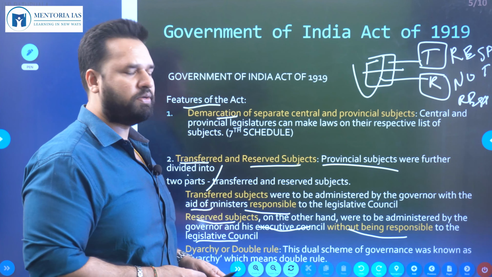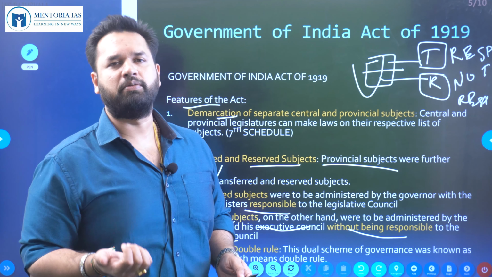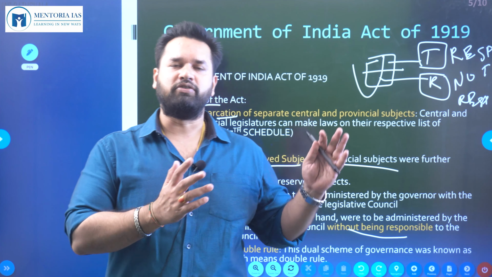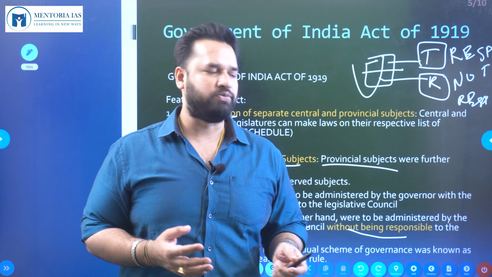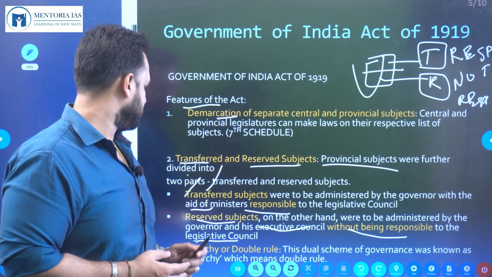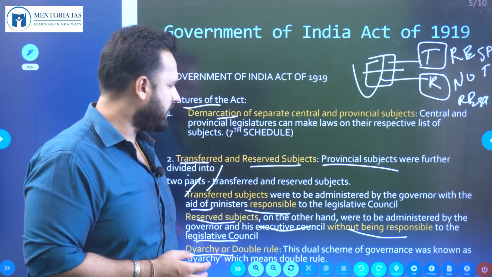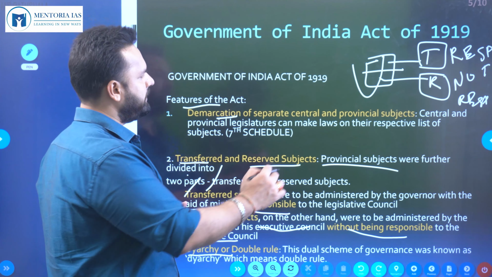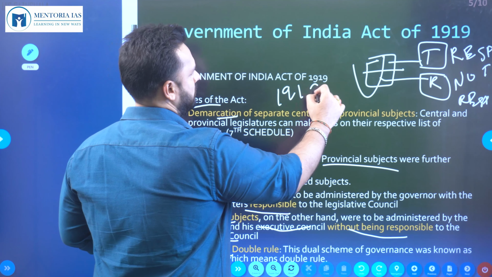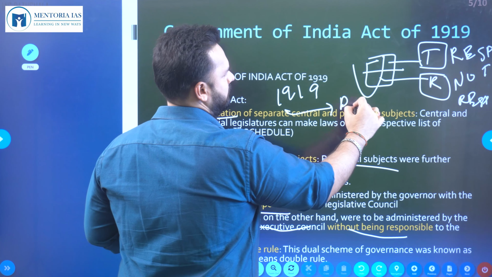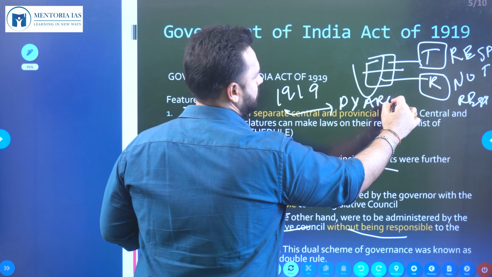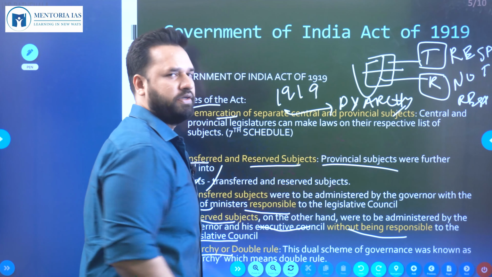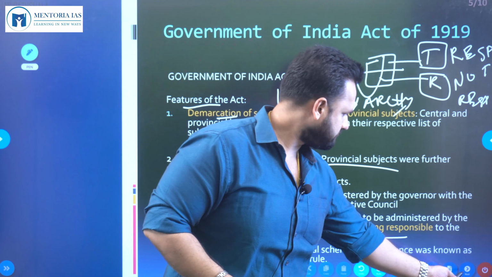Like finance is reserved. All the money making things were reserved for the British, and the administrative things were transferred to us. And then it also introduced diarchy or rule by two. 1919 is always about two things. Rule by two, diarchy, by introducing transferred and reserved subjects.